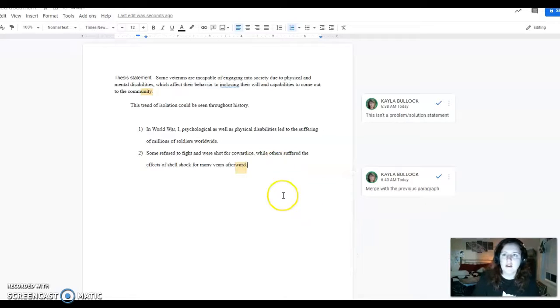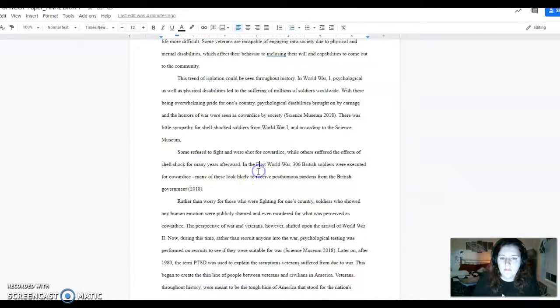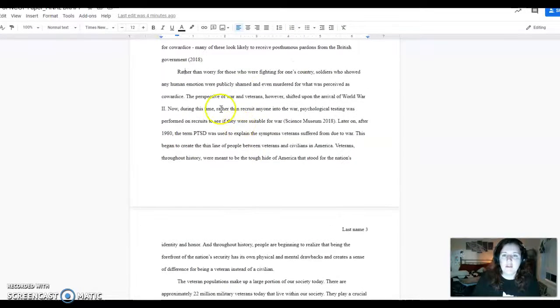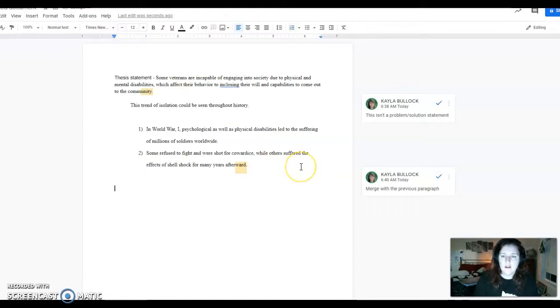One of the benefits of reverse outlining is that you'll see about your paragraphs if you have too many claims, too few, or if the claims need to be reorganized. All right, so we're going to move into our next paragraph. Let's pull this claim and look at it.